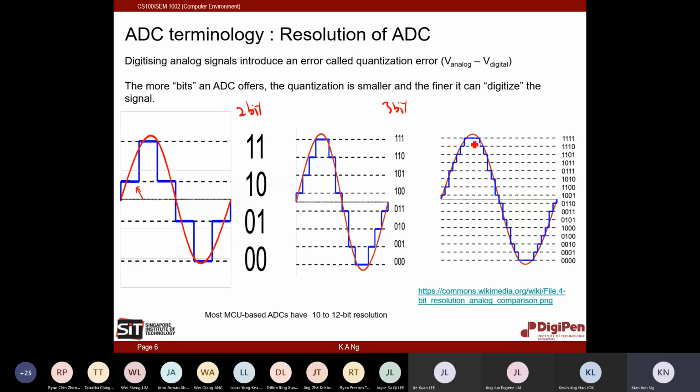But for audio applications, even 8-bit is not enough. Make a guess. How good are our ears in resolving? How many bits can our ears resolve for an audio signal? Our eyes, 8 bits, right? How about sound? How good are our ears in resolving sound?